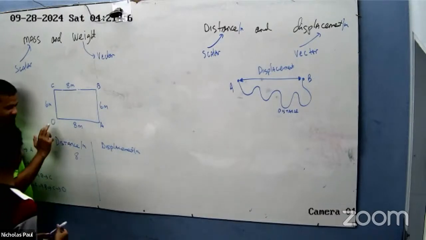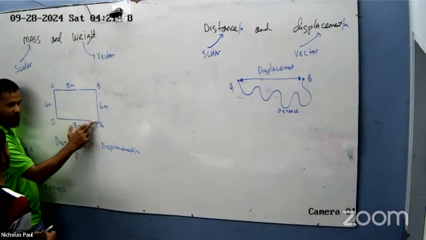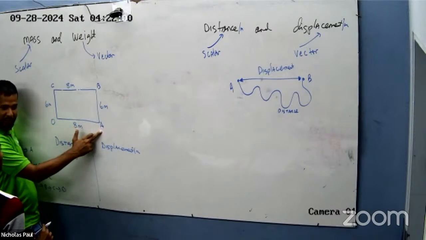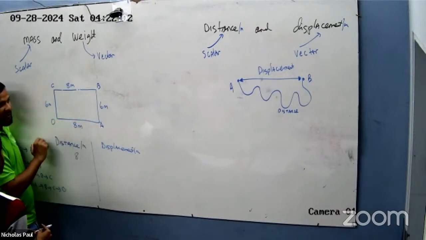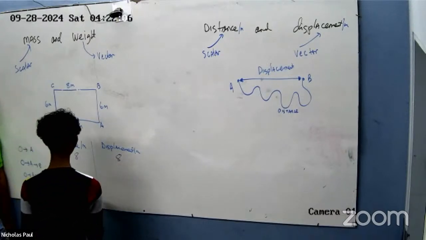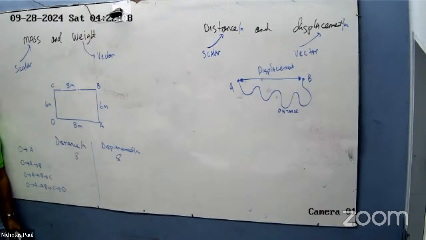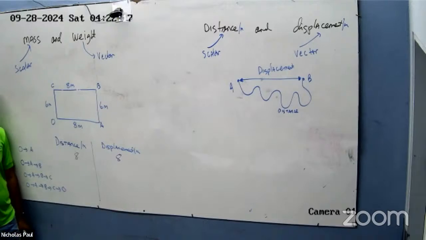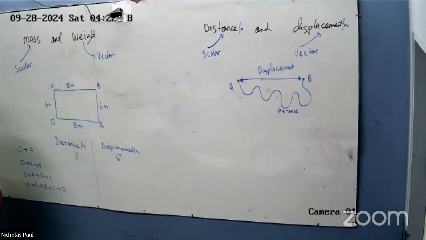Straight line distance from start to where you finish. You finish here and start here. What's that straight line distance? That one is the easiest. Next one, a little more challenging. We did Pythagoras theorem already. You'll need Pythagoras theorem.